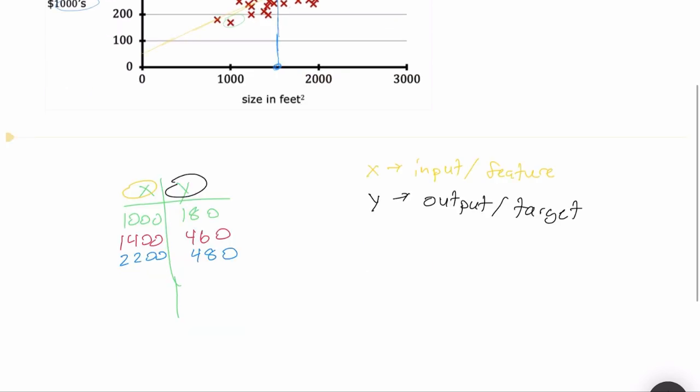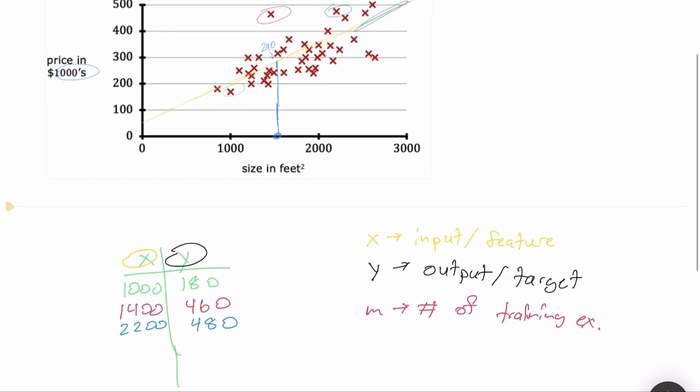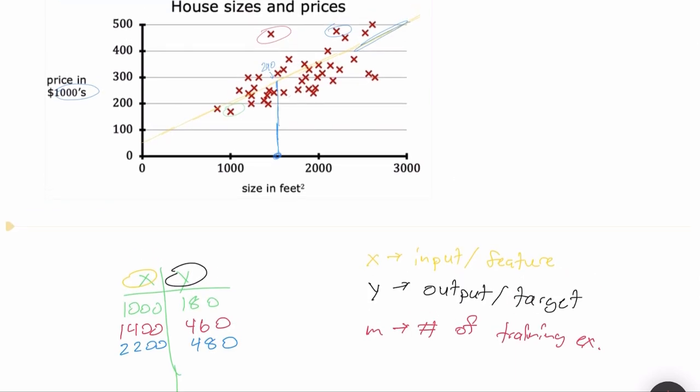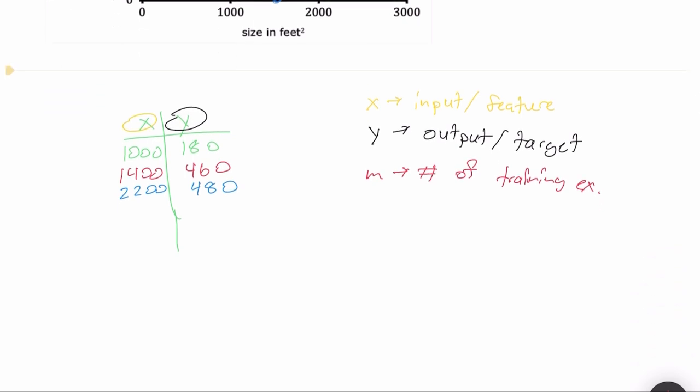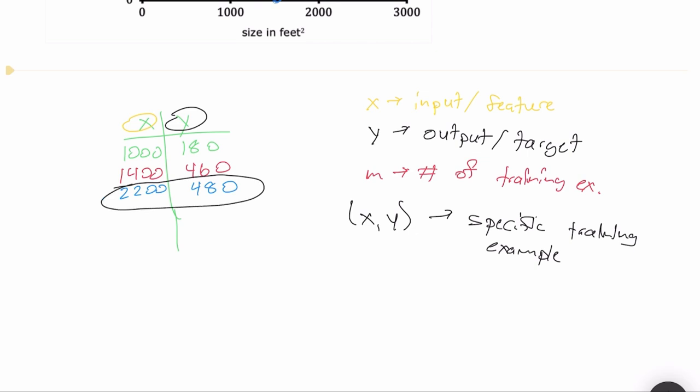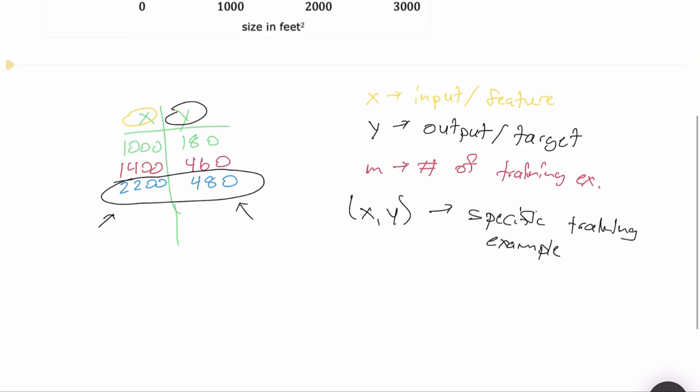And then we'll say m will represent the number of training examples. So however many data points we had in this graph above is what m corresponds to. And we'll say that (x, y) represents a specific training example. So for example, this data point right here is a specific training example, and you can see that it has an x value as well as a y value.